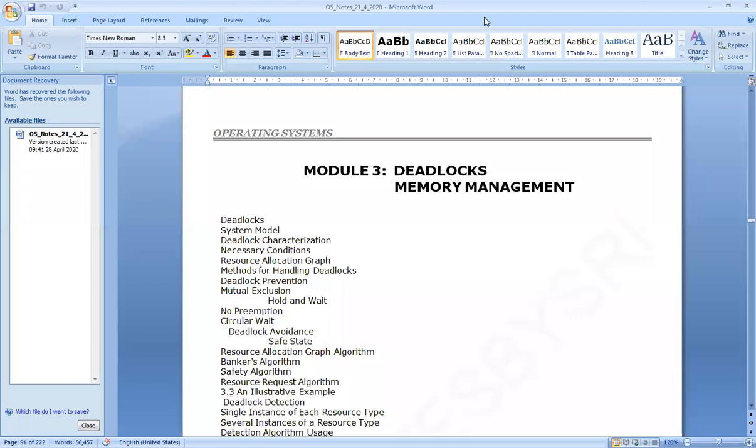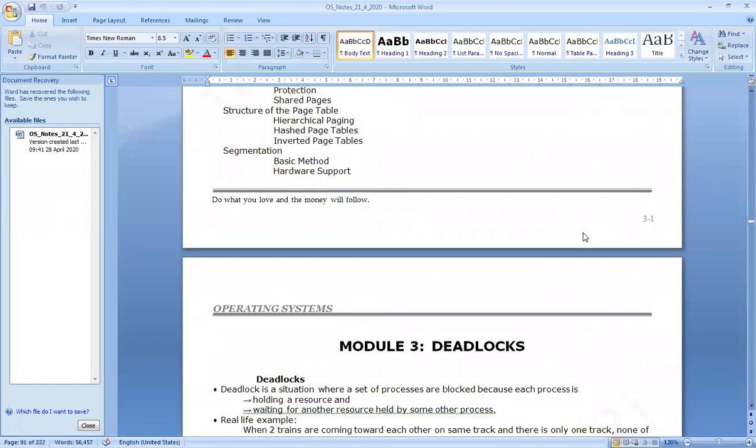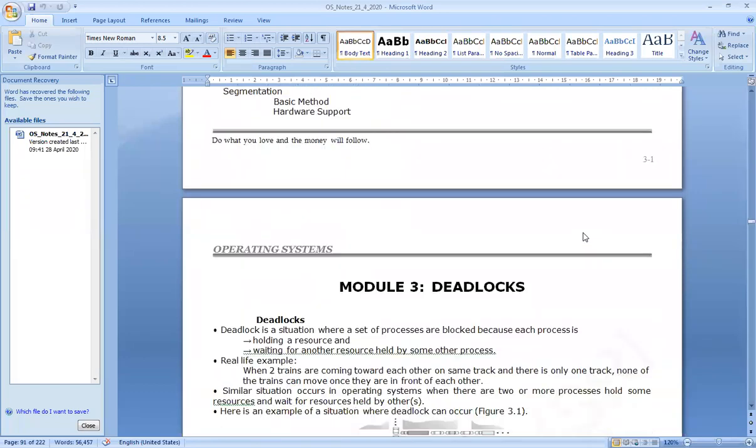Now we go for the next topic, called deadlocks and memory management. This is again one more challenging task for the operating system. As I explained in the last class, deadlock is a situation where one process is holding a resource and requesting one more resource.